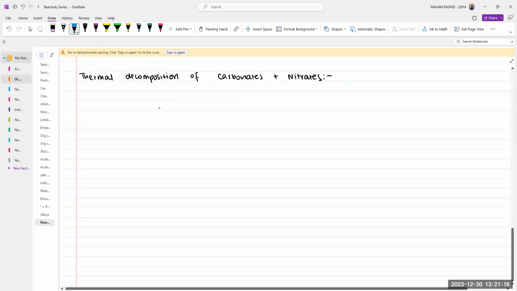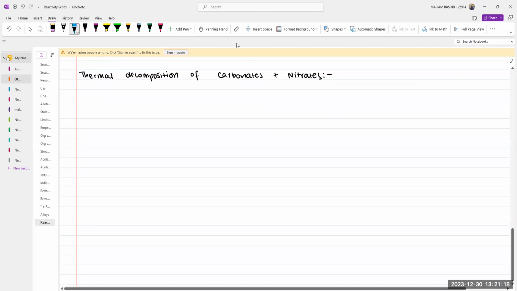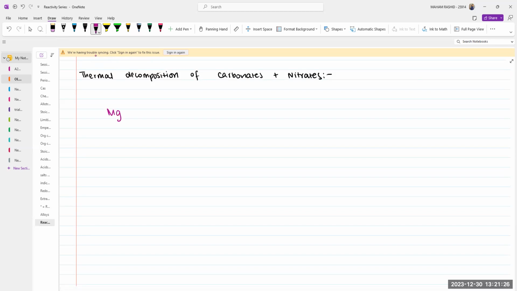Okay. So thermal decomposition of carbonates and nitrates means that if I have a metal carbonate, for example magnesium carbonate, this is my carbonate, and I have a nitrate, let's take magnesium nitrate. Decomposition basically means breakdown.